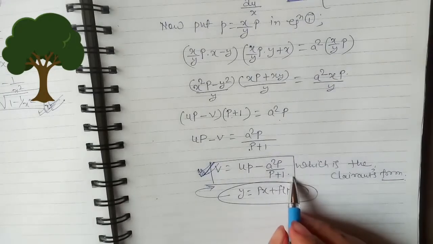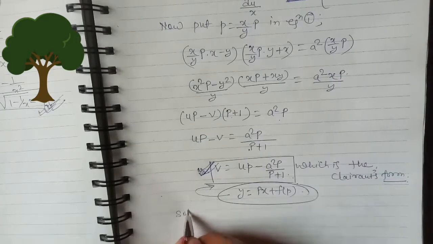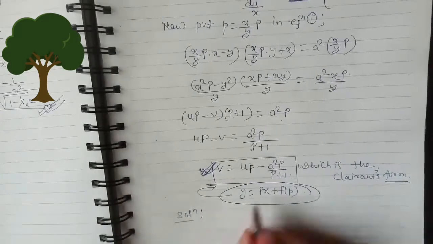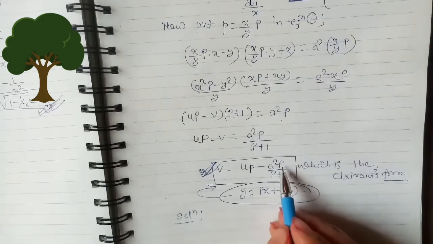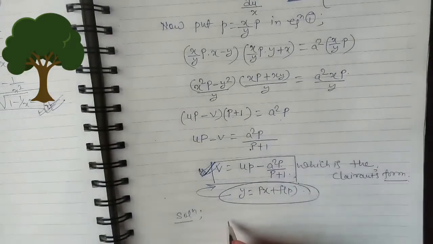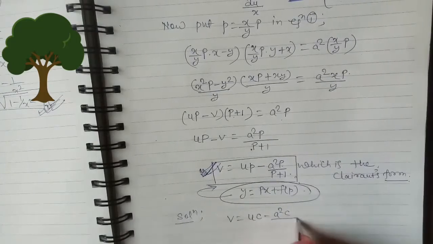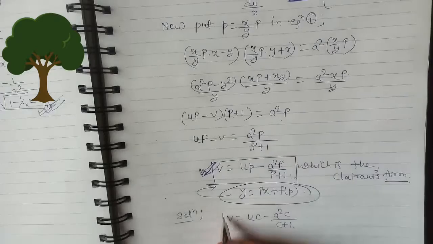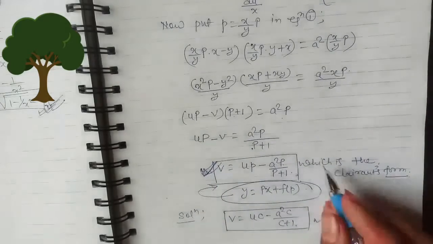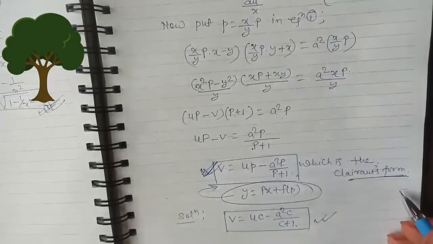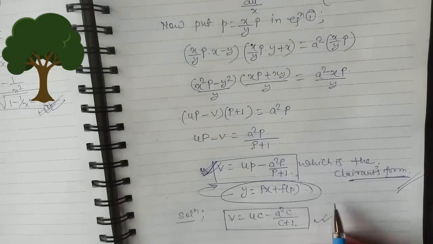Now if it tells that we need to calculate the solution of this Clairaut's form, we will simply substitute the value of p as c. So we get here v is equal to uc minus a square c upon c plus 1, which is the required solution of the Clairaut's form. Now it is clear to everyone.